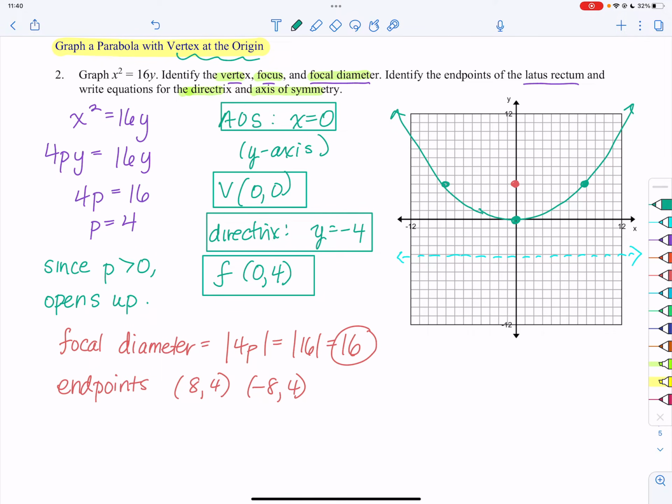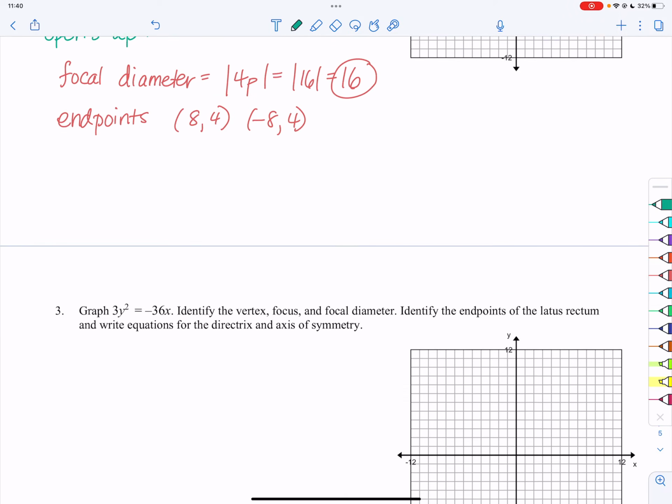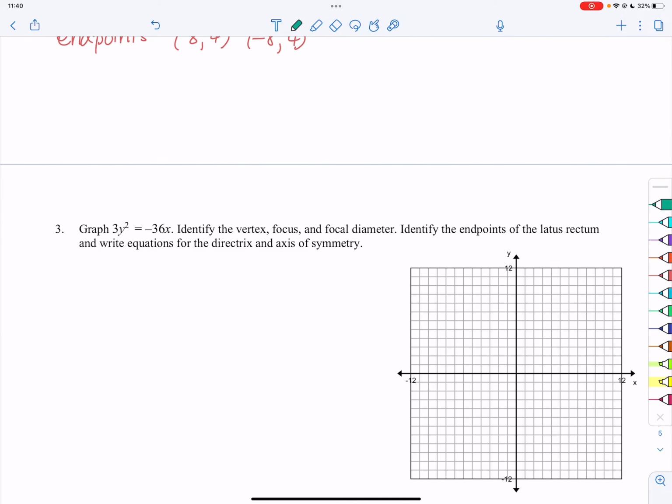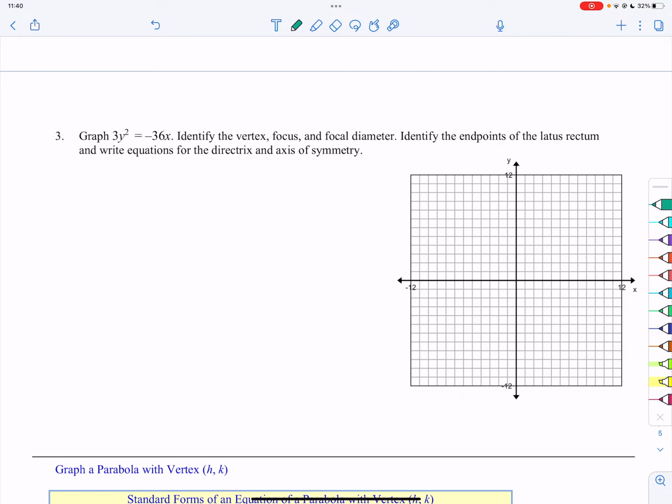Okay, now let's go ahead and take a look at number 3. Here we have the y squared. And so now we can rewrite this as y squared is equal to -12x. So we know that we have an axis of symmetry that is going to be the x-axis.